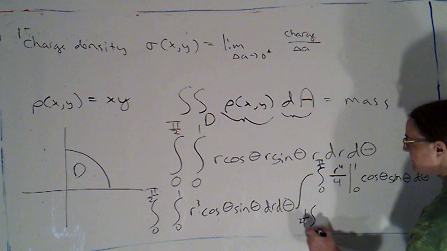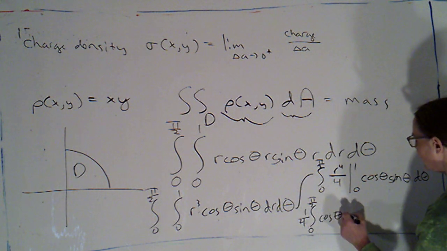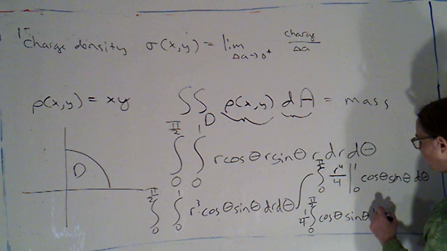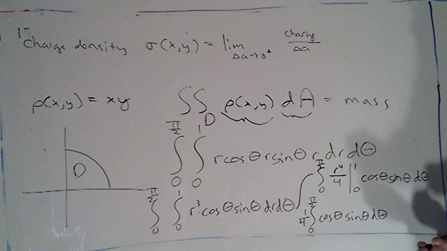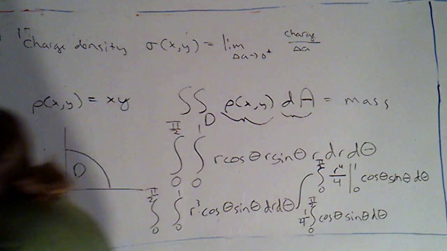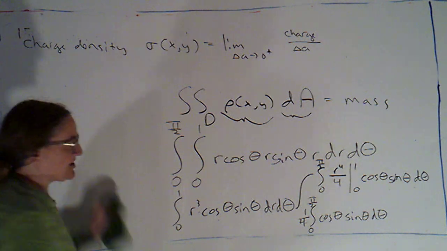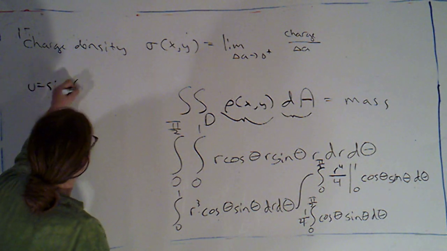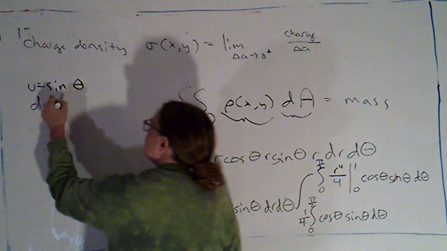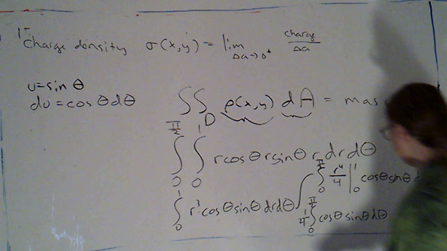You get 1/4 times the integral from 0 to pi over 2 of cosine of theta times sine of theta d theta. I'm going to do a quick u sub. I'm going to let u equal sine theta. That way du is cosine theta d theta.